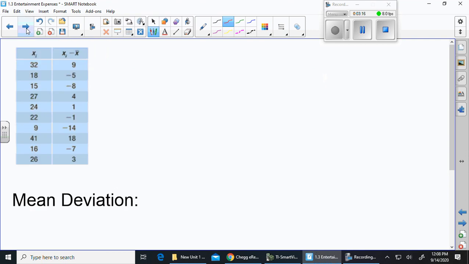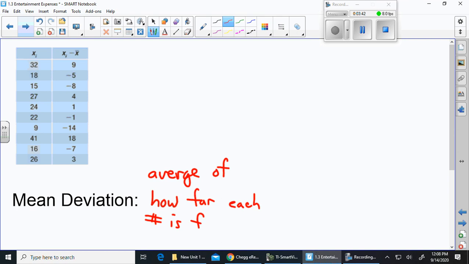So what we were really looking at is mean deviation. Mean deviation is really the average of how far each number is from the mean.